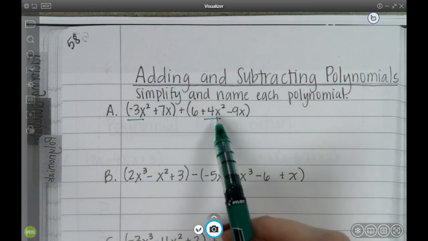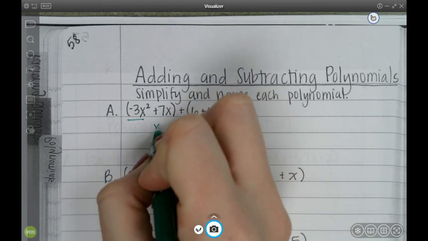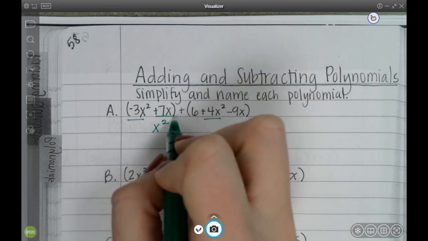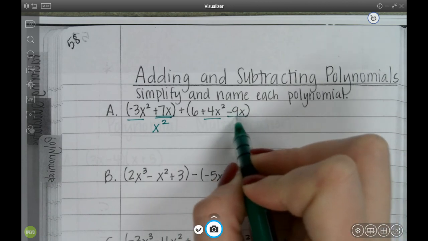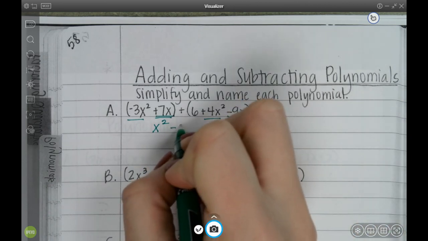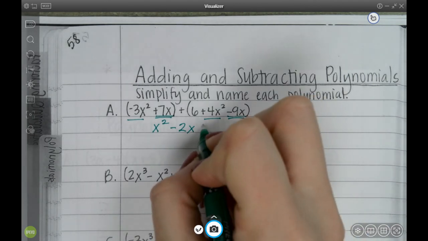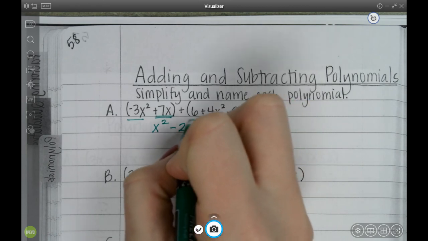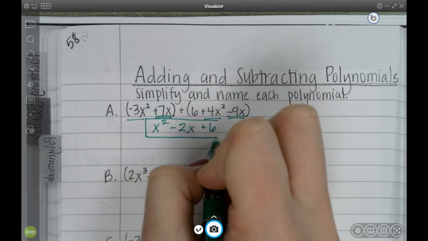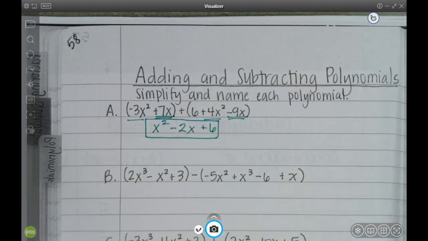Negative 3x squared plus 4x squared is 1x squared. Plus 7x minus 9x is minus 2x. And you still have that plus 6. And that is my answer.